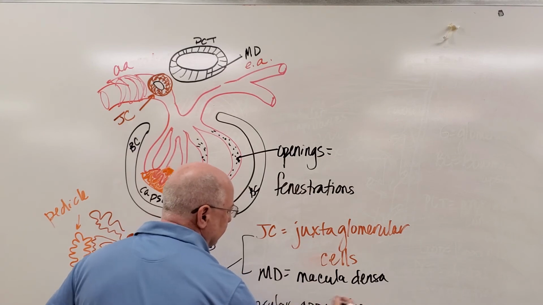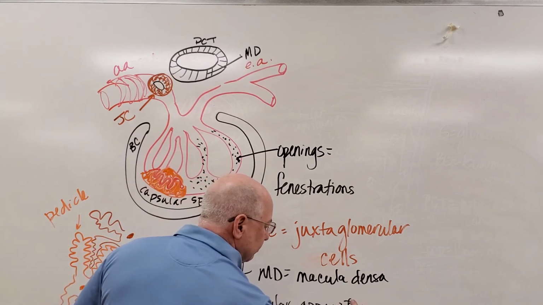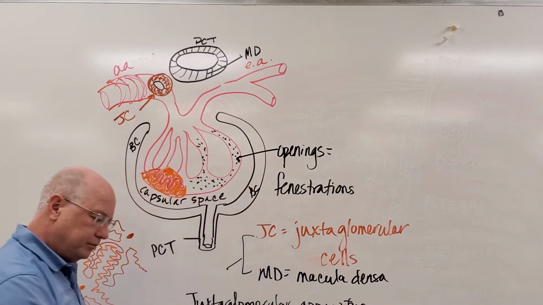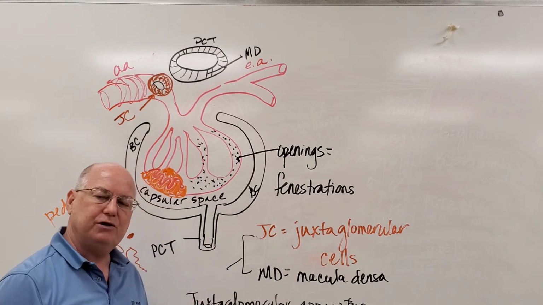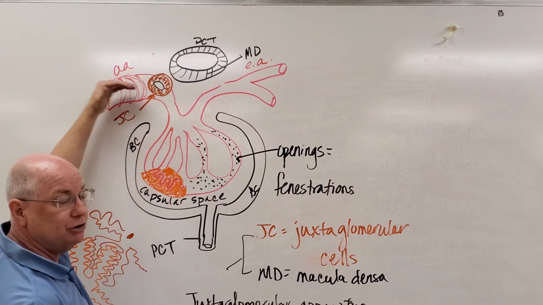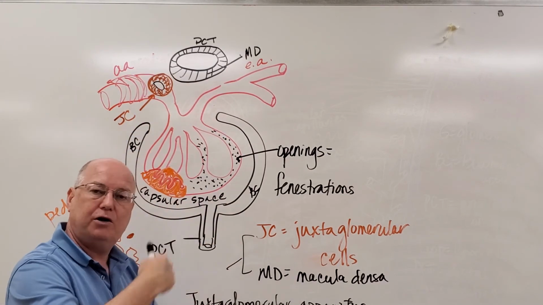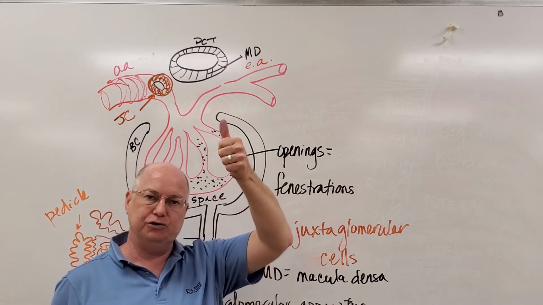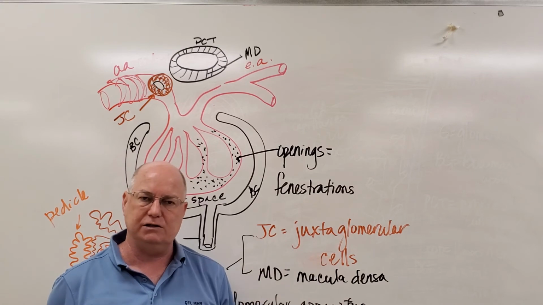And what it turns out is the juxtaglomerular apparatus has pressure receptors, baroreceptors that we talked about at the beginning of the semester. And as blood is flowing in, there should be a certain amount of pressure squirting the fluid out here, so we're filtering our blood. As my blood pressure goes up and down, I cannot alter the rate at which I'm removing toxins.